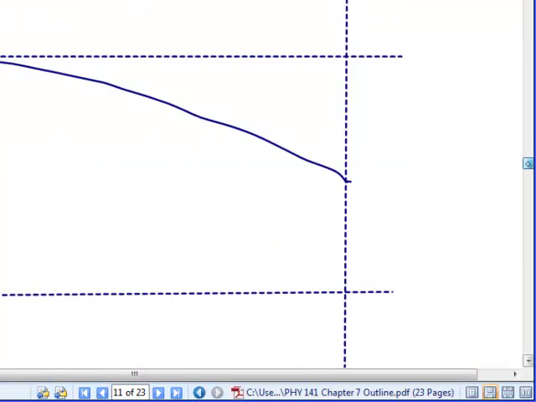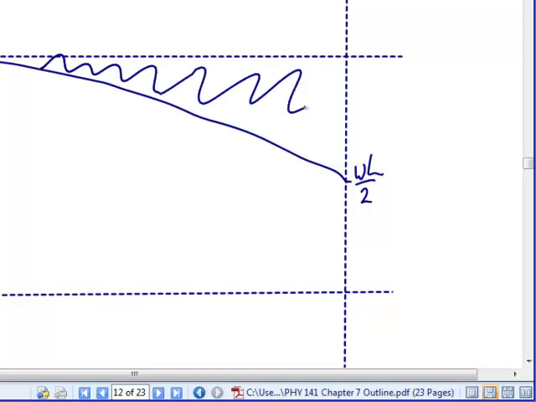Negative WL over 2. Okay, and then we'll shade in the shear diagram. And we know that WL over 2 has to be less than or equal to 800 pounds.